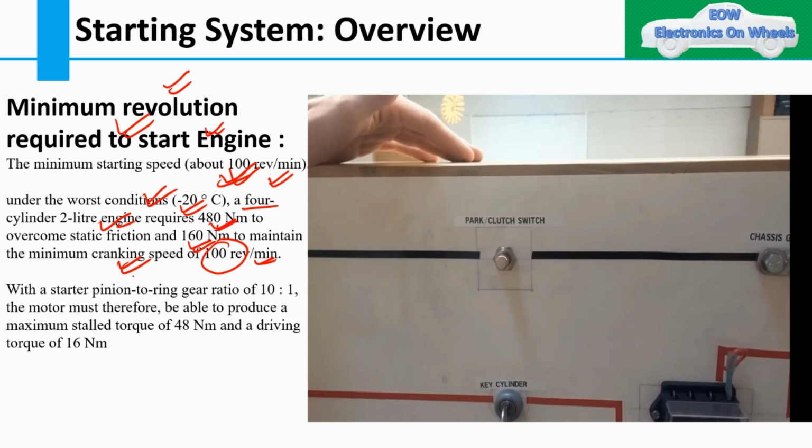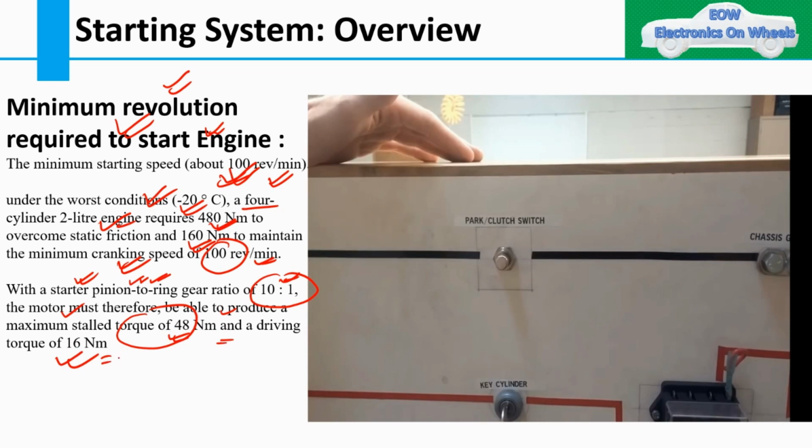As I am taking this starting system, definitely a starter motor is going to be used. In the starter motor, I have taken the starter pinion to ring gear ratio as 10:1 to make it easy to find the value. The motor must be able to produce a maximum installed torque of 48 newton meter, and the driving torque should be 16 newton meter. This is the requirement from the starter motor.